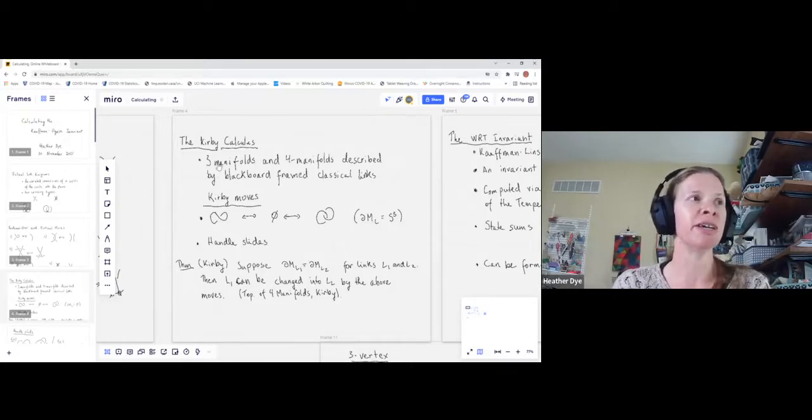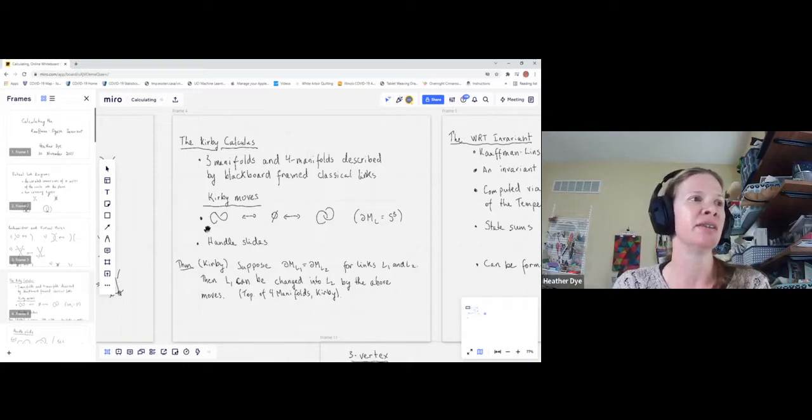The Kirby calculus allows us to describe 3 and 4 manifolds using basically blackboard framed links, and the moves that we're interested in here are the Reidemeister moves and the Kirby moves.